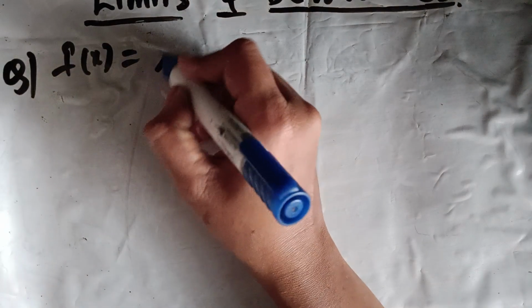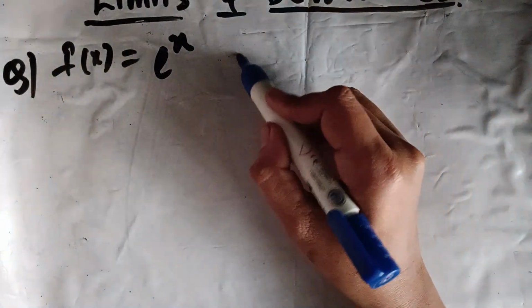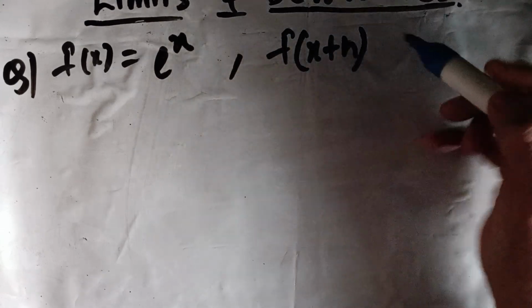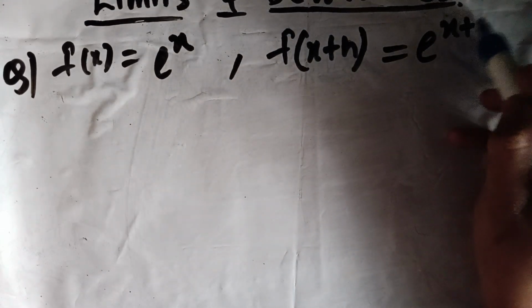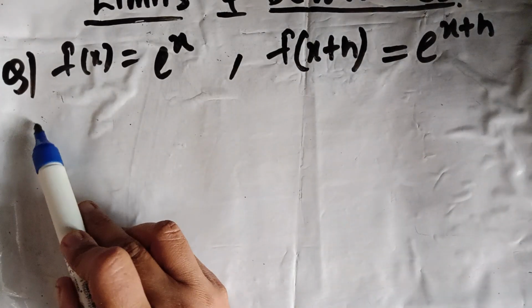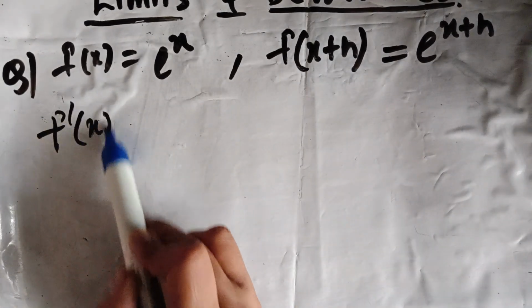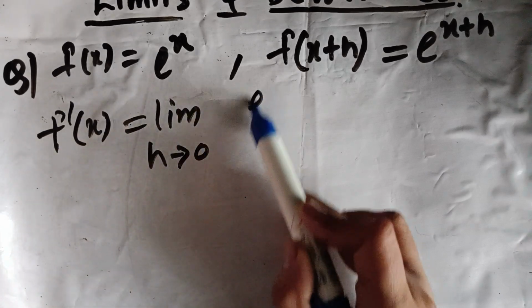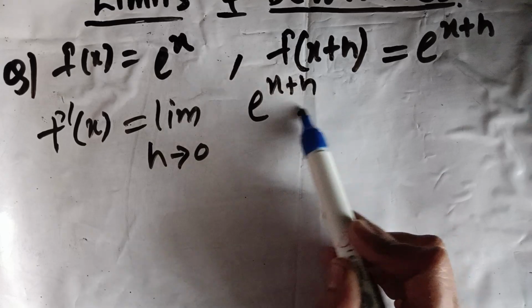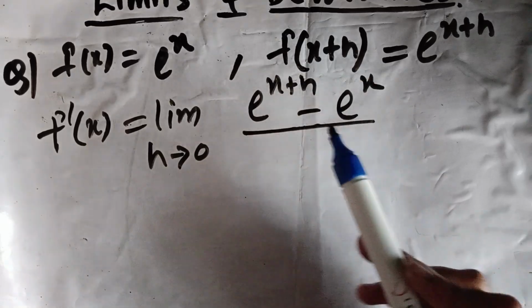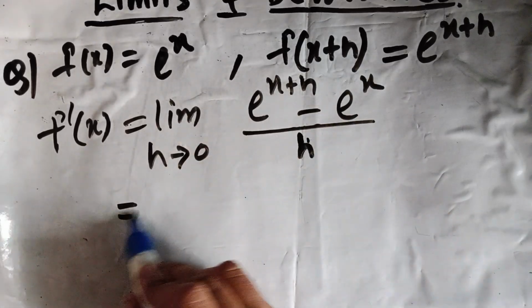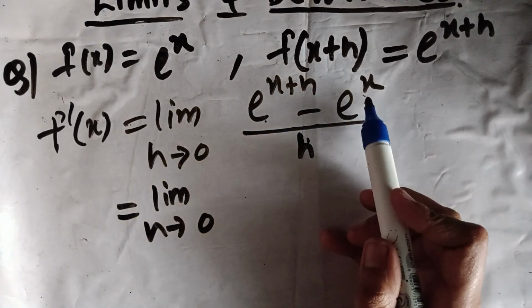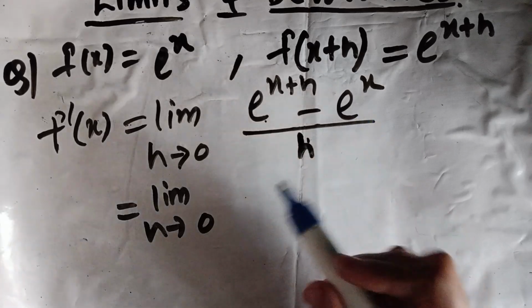Let's write it for e raised to x. So f of x plus h is e raised to x plus h. Okay. F dash of x is limit as h tends to 0, e raised to x plus h minus e raised to x upon h. We'll take e raised to x common.